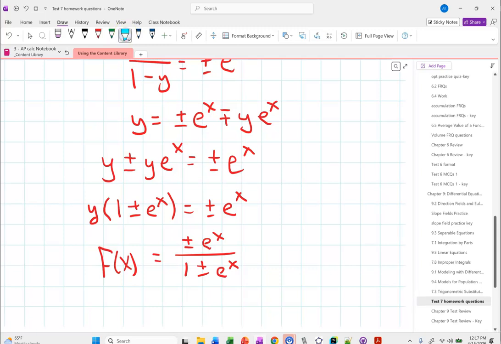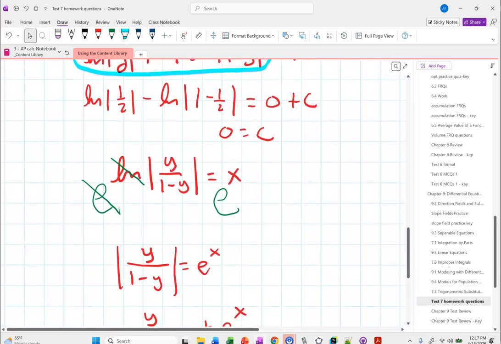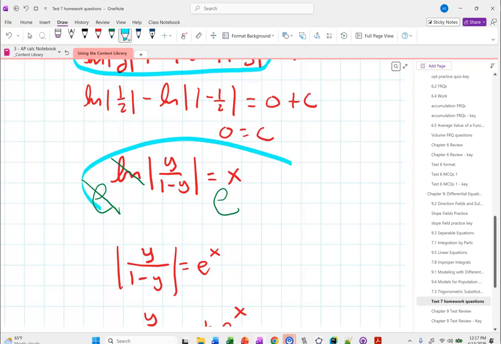What I would say, Adriana, is that in a test situation, if I gave you a problem of this level of complexity, I'd probably say you don't have to get the y by itself. Like I might add that extra direction. So once you got to this step, you'd probably be done. You've done the separation of variables piece and done the calculus steps.